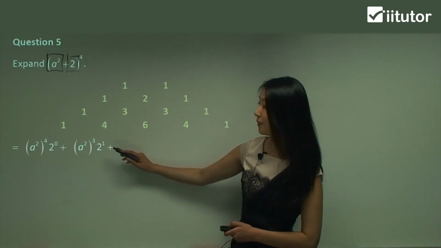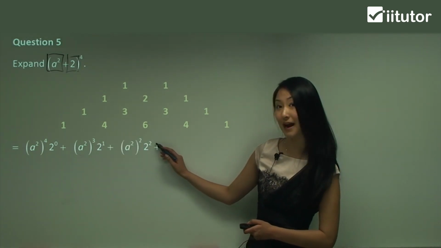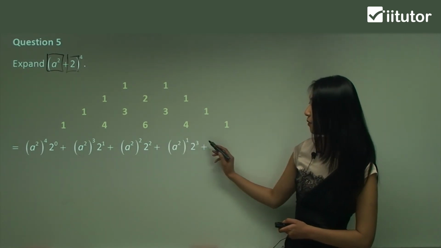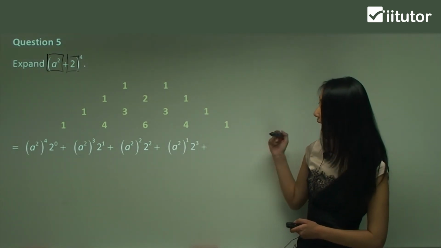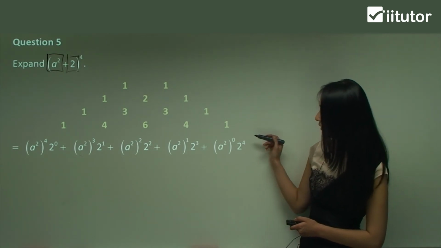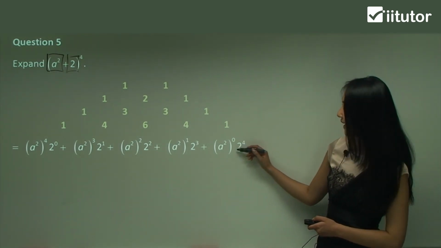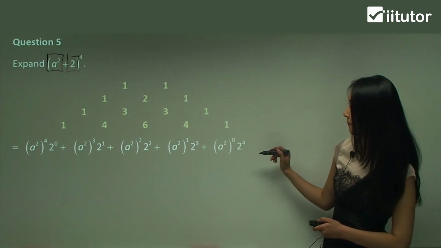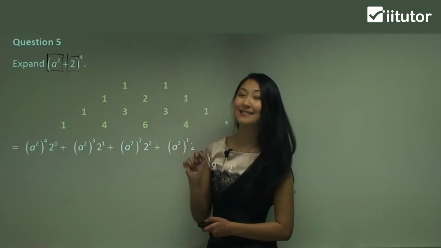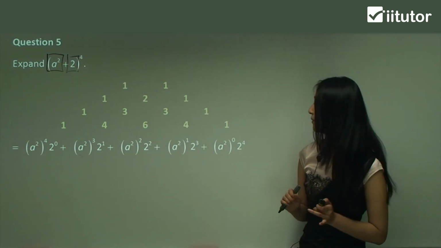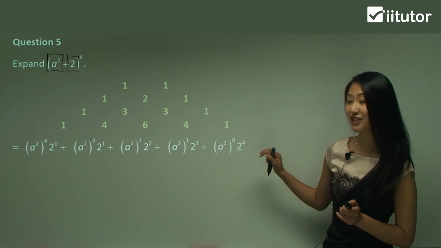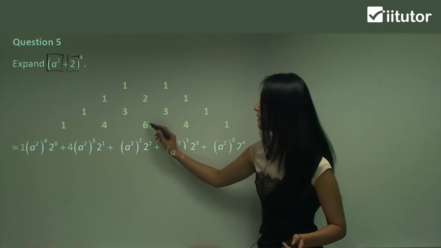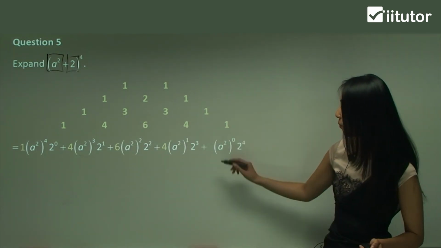Subtract 1, add 1. Power of 2, power of 2. Power of 1, power of 3. And finally, power of 0, power of 4. And that 2 is to the power of 4, which is the same as that index there, so we know that we stop. Great. Put in your coefficients, 1, 4, 6, 4, 1.